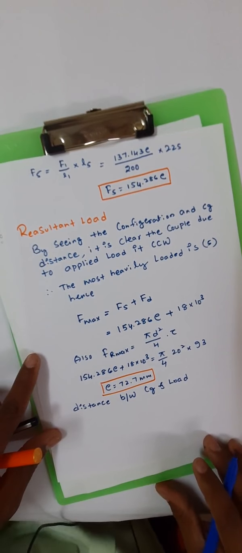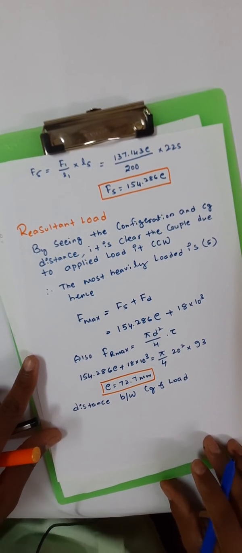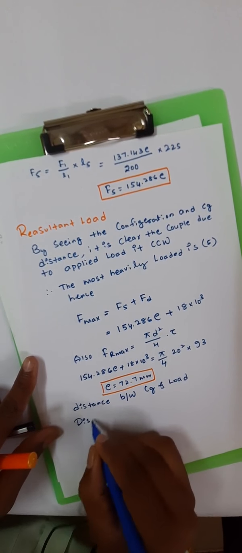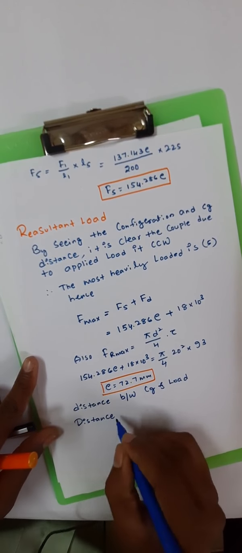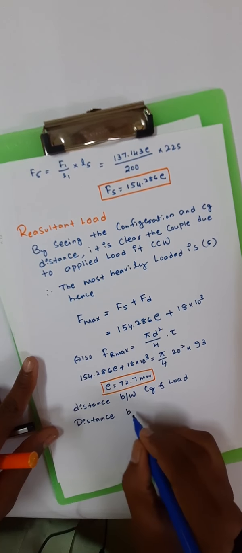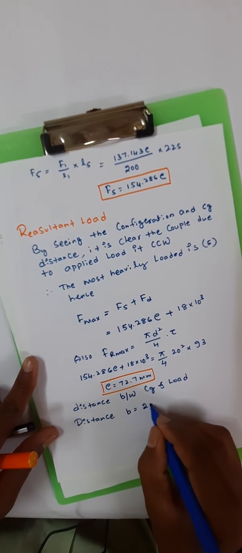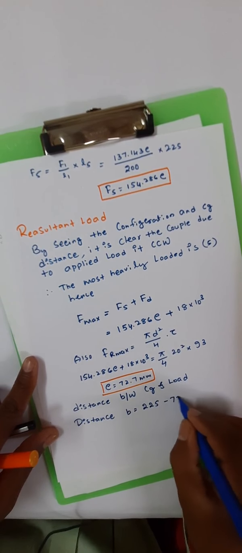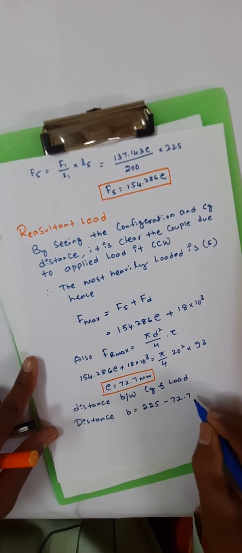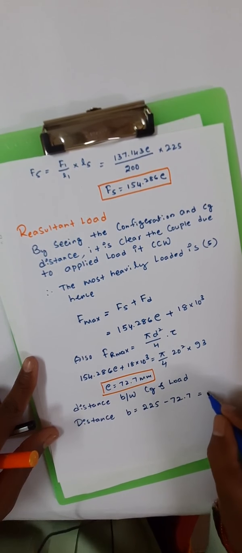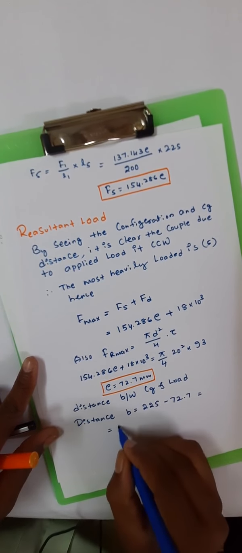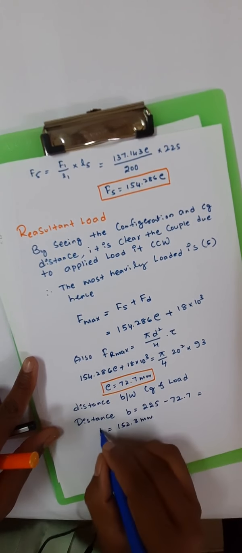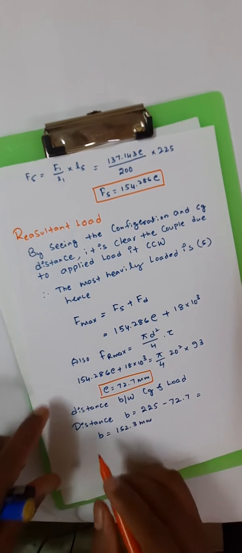Here the distance B is equal to 225 minus 72.7, and we will get 152.3 mm. The value for B is 152.3 mm.